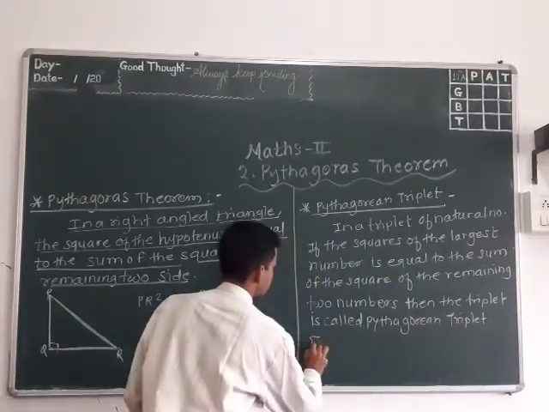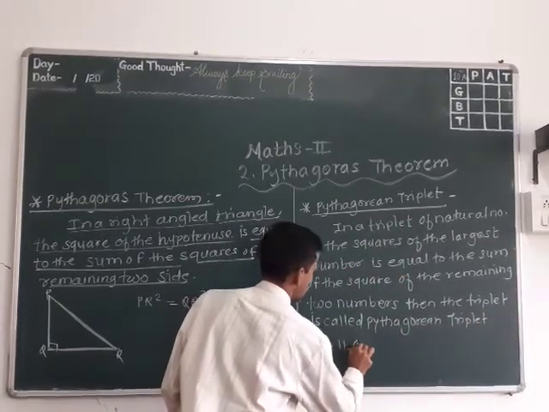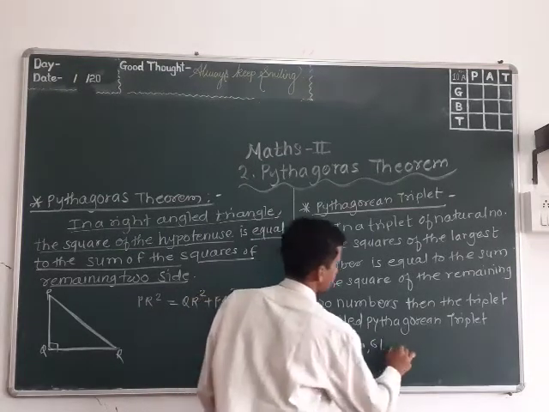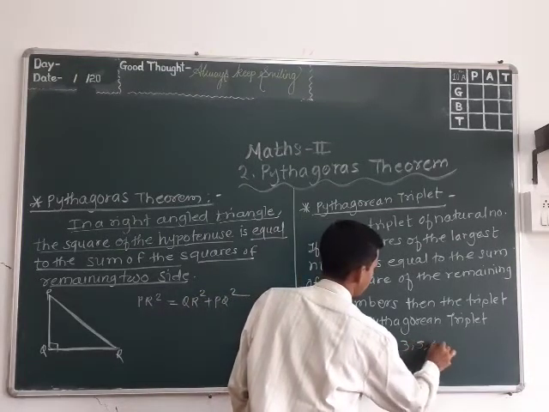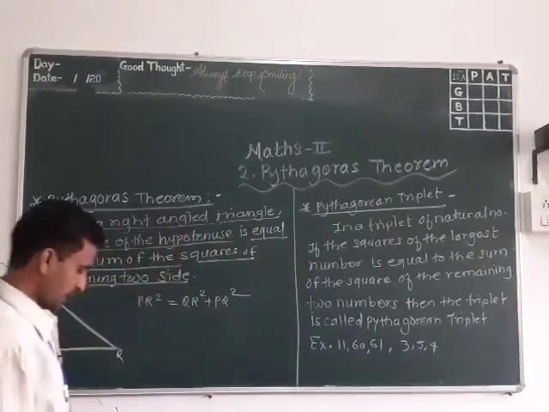For example, 11, 60, 61 and 3, 5, 4 are Pythagoras triplets.